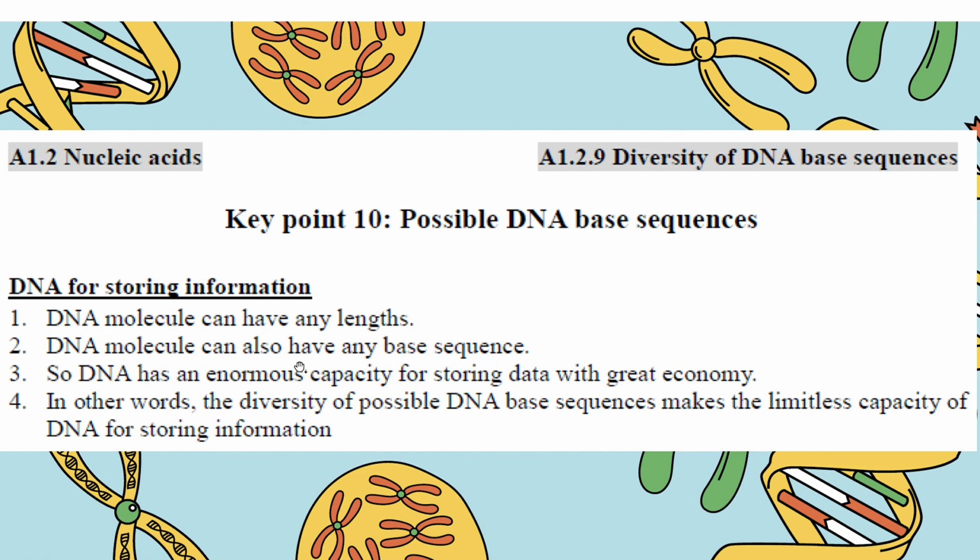So DNA has an enormous capacity for storing data, with great economy. Later on, we'll know how to pack them up. In other words, the diversity of possible DNA base sequences gives DNA a limitless capacity for storing information. So this information can be used to control the whole organism's growth, survival, or whatever.